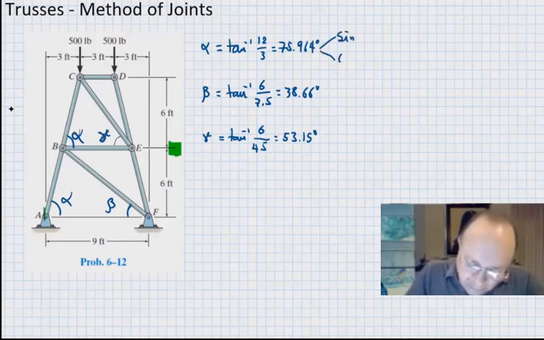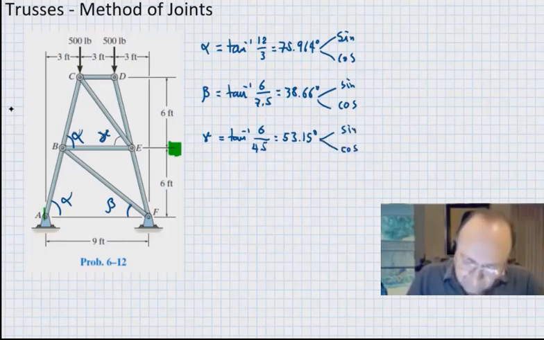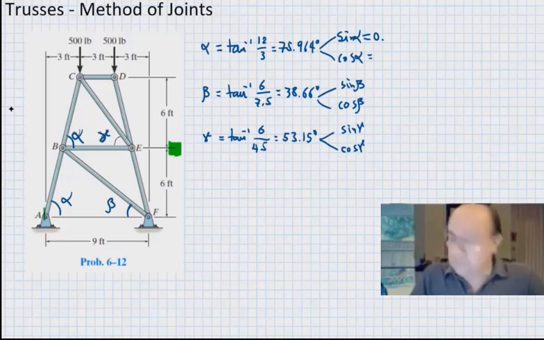Because we will be using sine and cosine all the time, so you get it just once and you don't have to keep calculating sine and cosine all the time. So sine of alpha, beta, gamma. This is 0.97014.